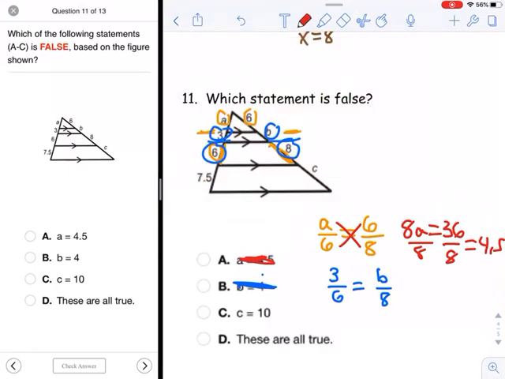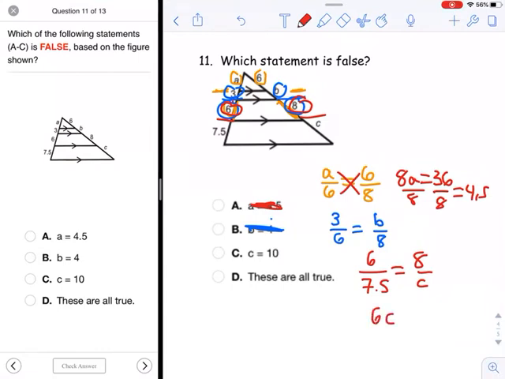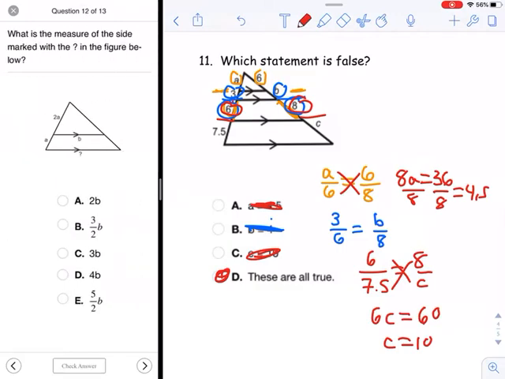And then for C, we're going to do 6 over 7.5 equals 8 over C. So 6 over 7.5 equals 8 over C. 6C equals 60. So C equals 10. And that's what I got after I cross multiply. So they're all true again. Wow.